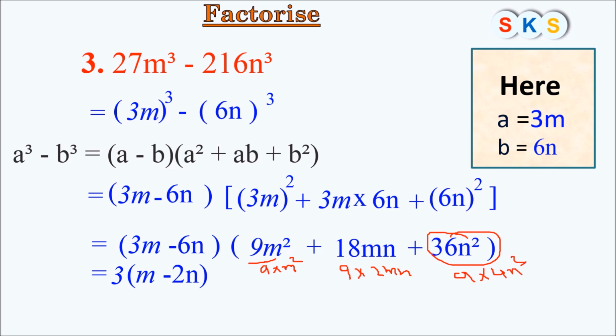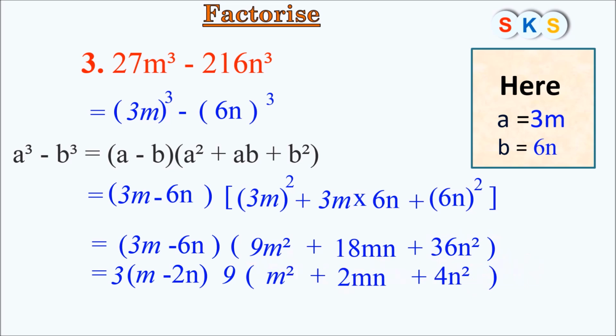So what is common over here? 9. So we will take 9 as common. If we take 9 as common, what will be left in the bracket? Here we will get m square plus 2mn plus 4n square. We will close the bracket.